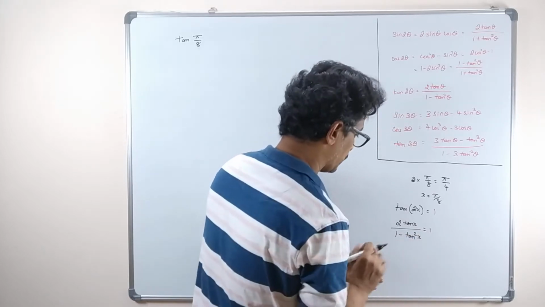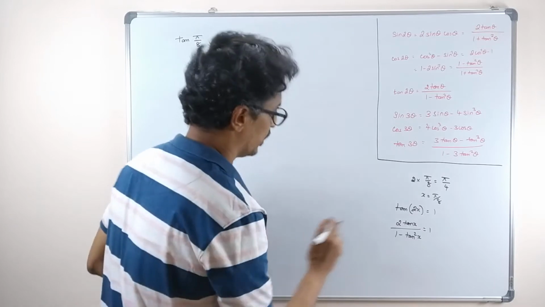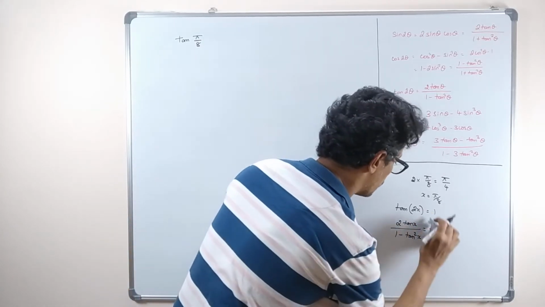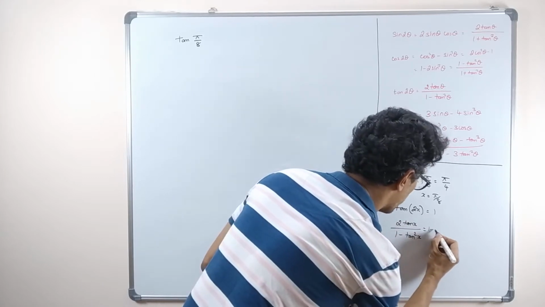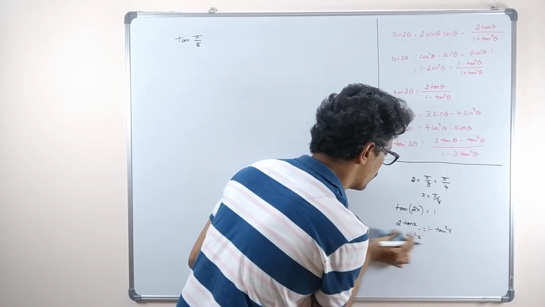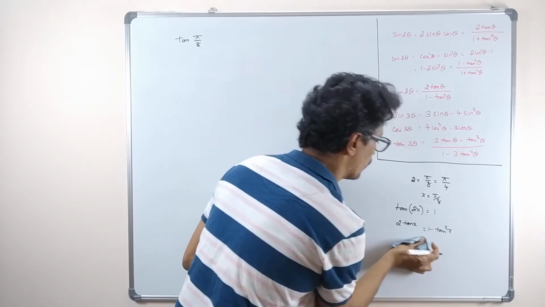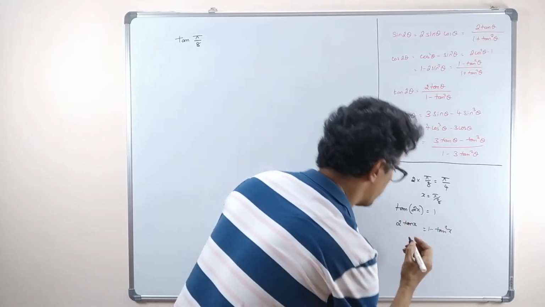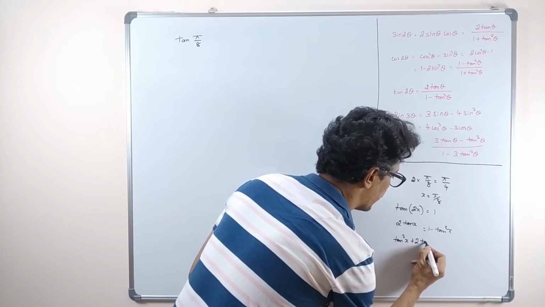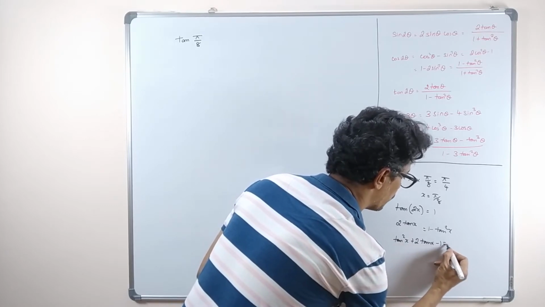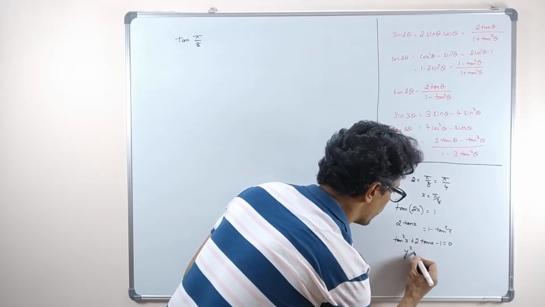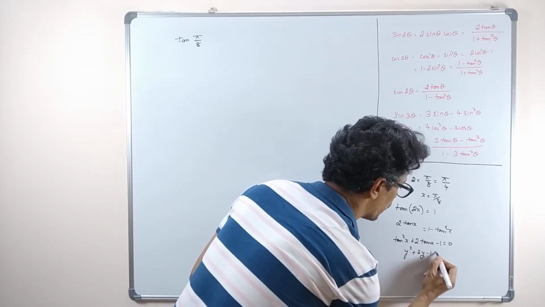So this becomes 1 minus tan square of x. If I take everything to one side, we get tan square x plus 2 tan x minus 1 equal to 0.